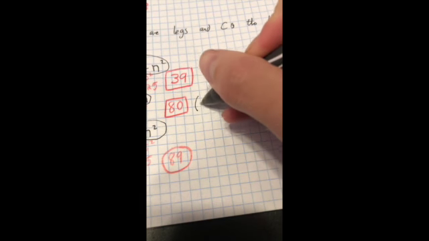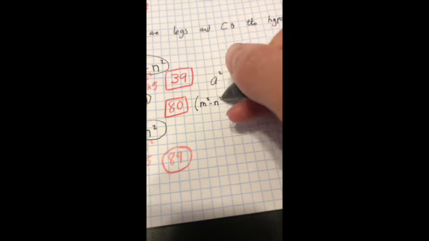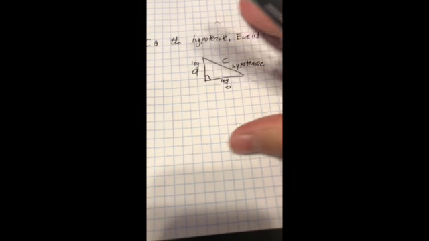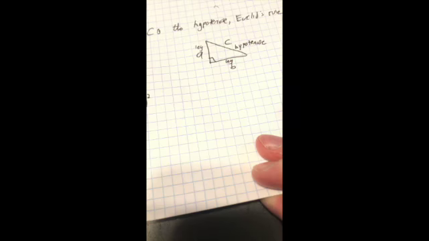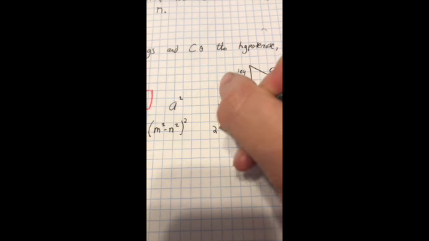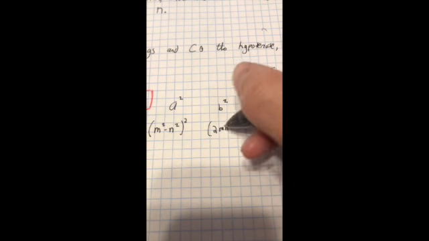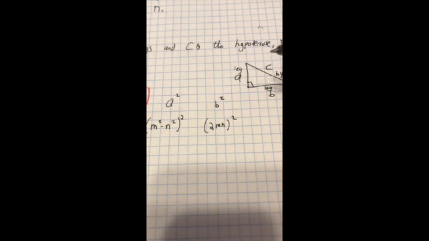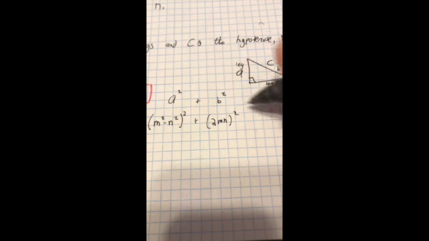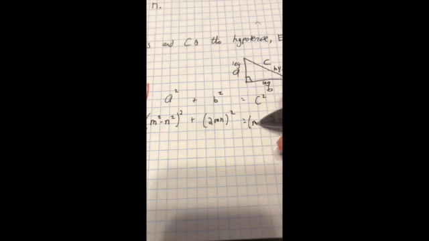And a squared is m squared minus n squared, squared. Oops. Oh no. And then b squared is 2mn squared. And then I want to see if those two things add together to get me c squared, which it will, because otherwise I wouldn't be doing this.